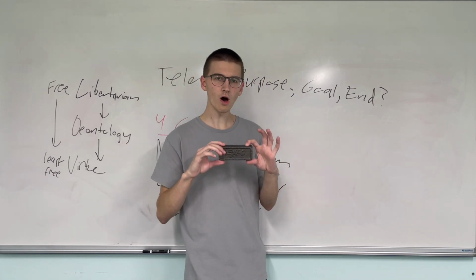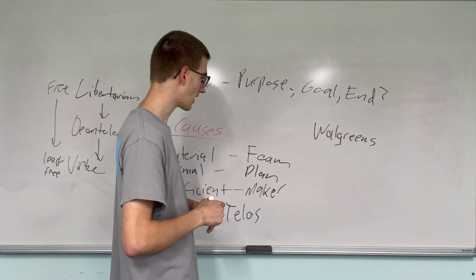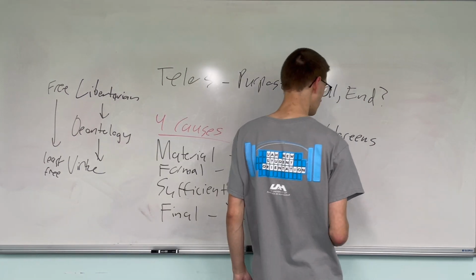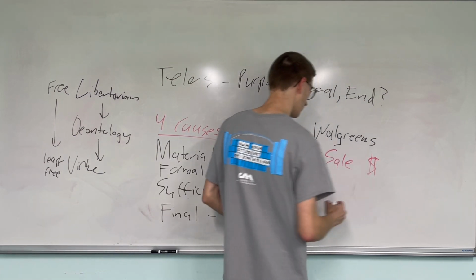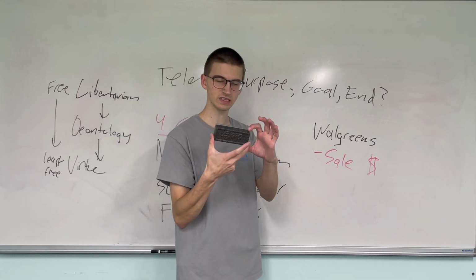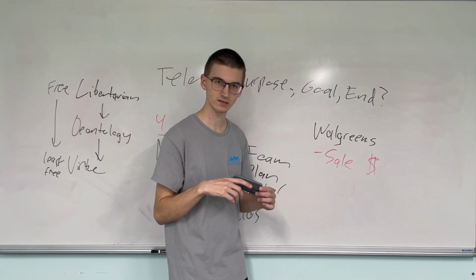So for Walgreens, the reason or the telos of this Expo eraser is for sale, for money. The reason for the existence of this eraser for Walgreens is to sell it.